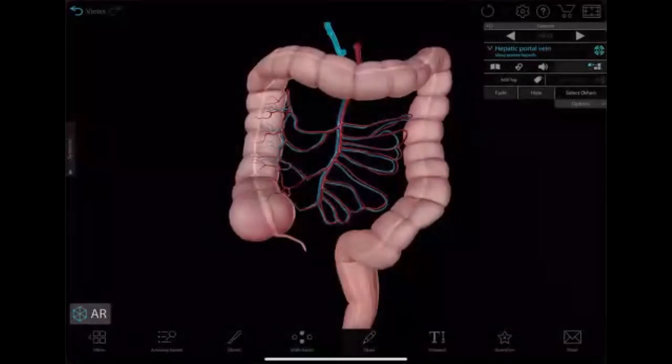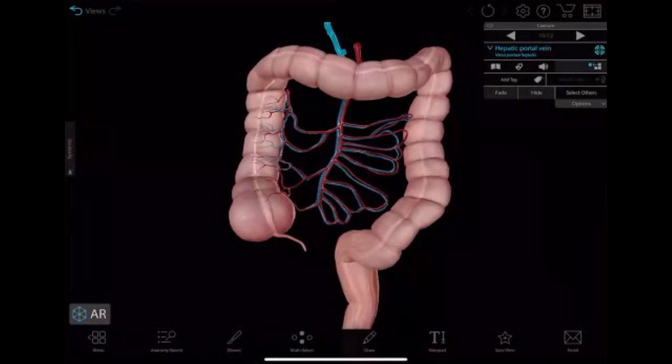I can show you. So we are talking about the retrocecal position, right?